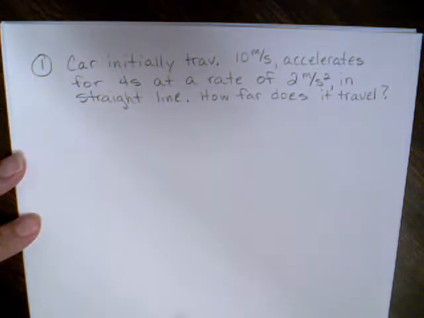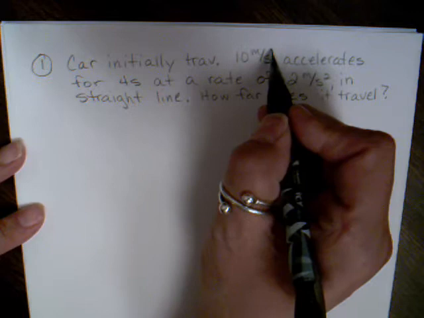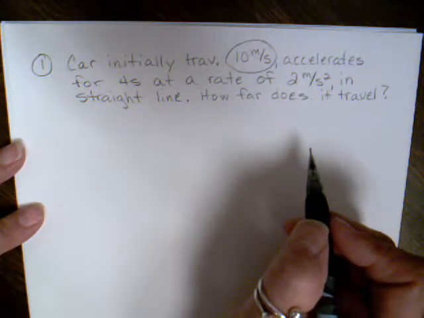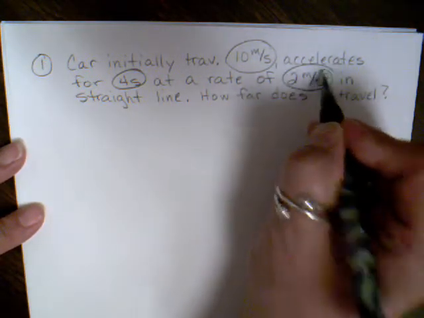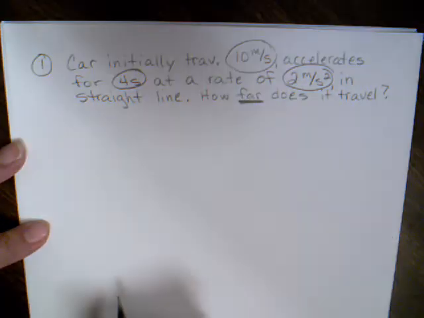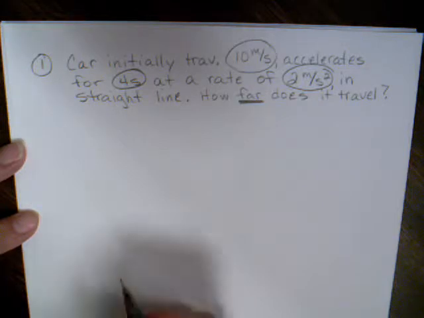Whenever I do kinematics problems, I like to circle what I'm given, underline what I'm looking for, and then write my variables down. There's 10 meters per second, 4 seconds, 2 meters per second squared. How far? And I'm going to write my variables down.